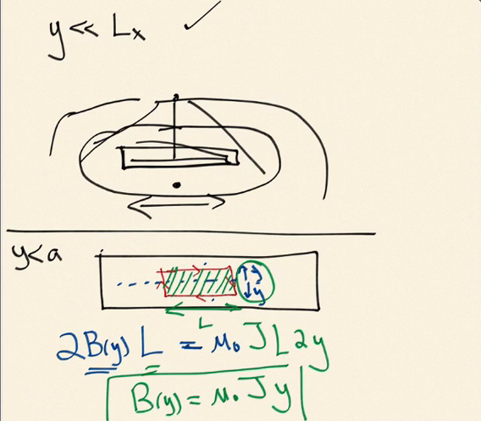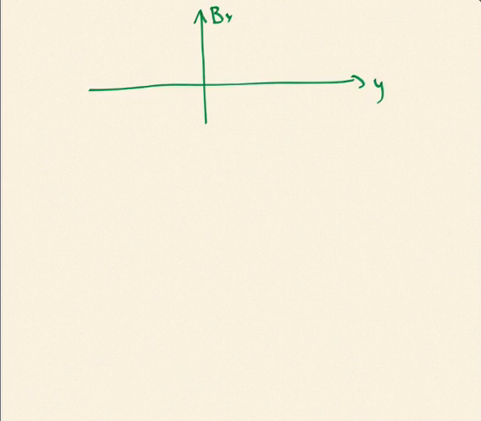All right. And so if I plot that, this is Bx versus y, and what I find is that the field, when I'm inside the current sheet, so here's minus A, and here's plus A, it's 0 on the axis.